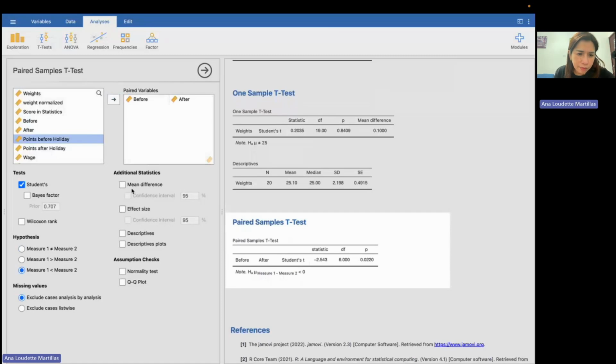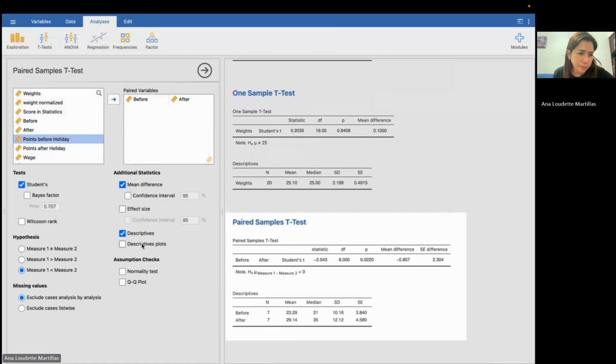Click on the mean difference, descriptives. So look at the paired sample t-test table. The t statistic is negative 2.543. The degrees of freedom is 6. The p-value is 0.022.